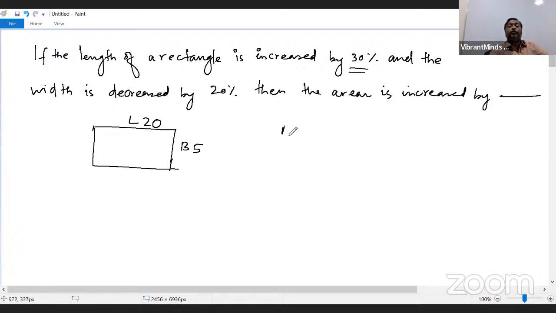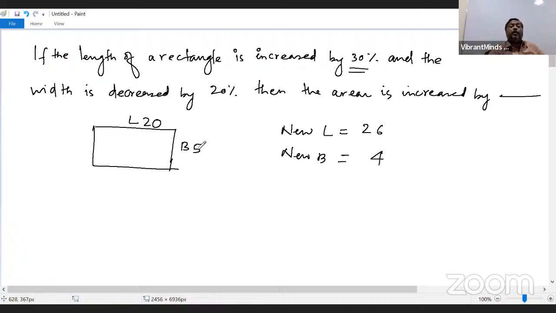So new length will be what? 30% of this is 6. So 26. And new breadth will be what? It is decreased by 20%. So can I say 5? And 20% of 5 is 1. So it becomes 4.